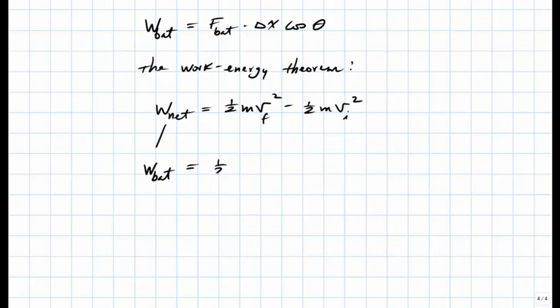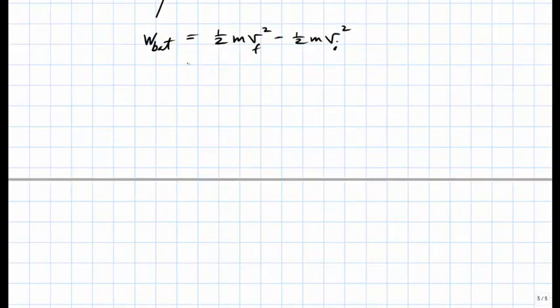And that equals 1/2 m v final squared minus 1/2 m v initial squared. And since we have the initial and final velocities, we can calculate the work done by the bat very quickly. And so let's enter the values. The mass is 0.145.